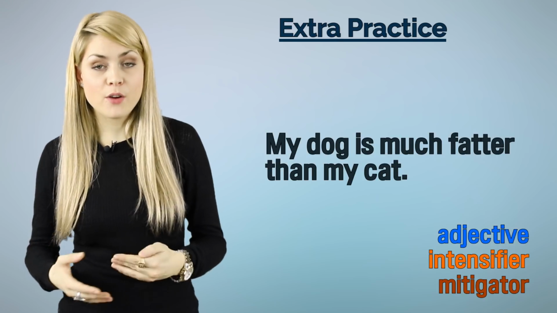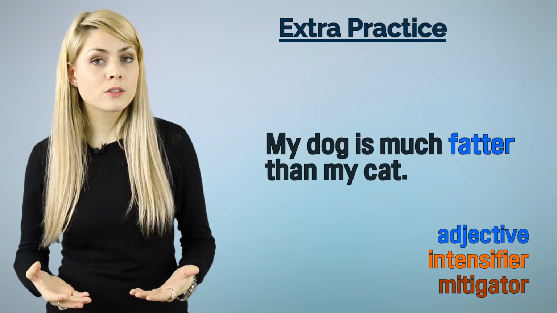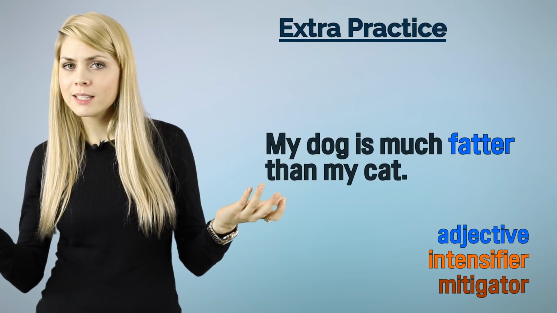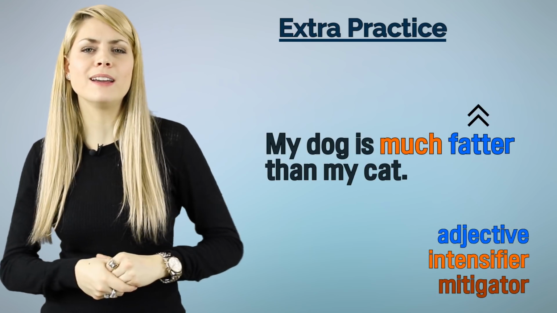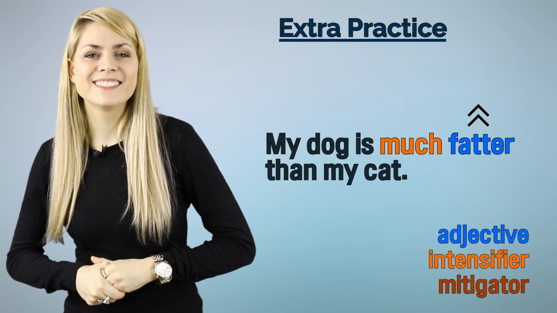Again, it's a comparative adjective, fatter. And what about much? What do you think? Intensifier? Mitigator? It's an intensifier. It's much fatter than my cat. Good job, guys. Let's move on.